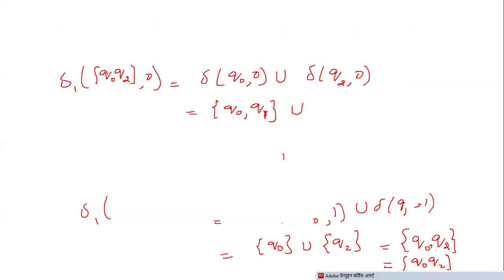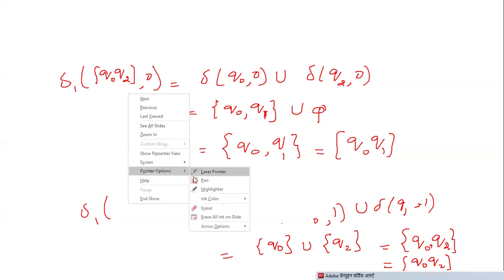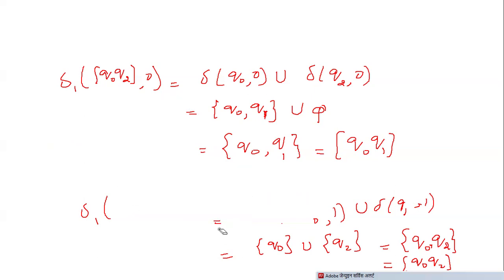Q2 comma 0 is pi. Now we will be getting q naught comma q1, which should be represented within a square bracket as q naught q1. This is the zero transition for q naught q2. Now let us write the one transition for q naught q2.